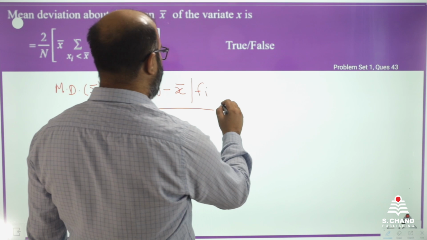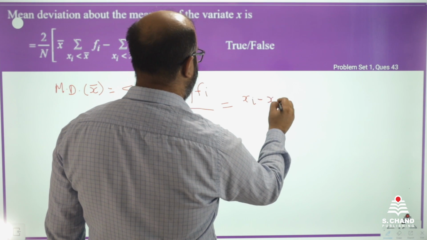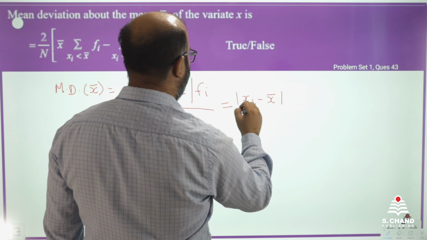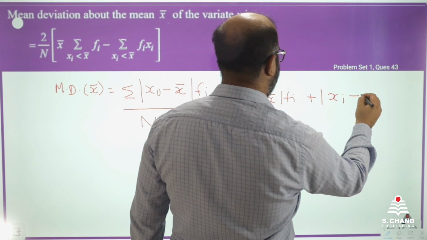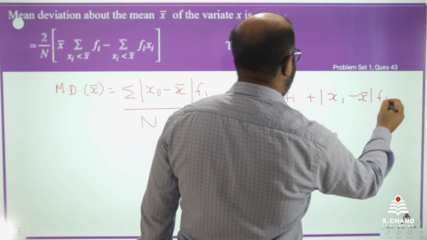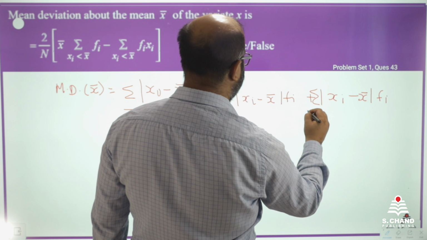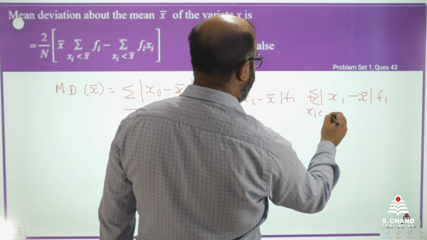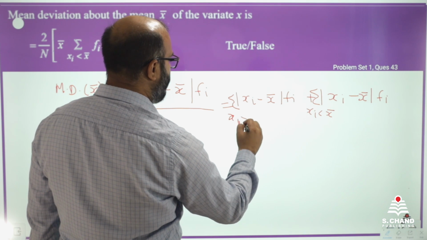Now if we see here, it is actually mod of xi minus x mean times fi, plus mod of xi minus x mean times fi, where one series is xi less than x mean, and another series is xi greater than x mean.